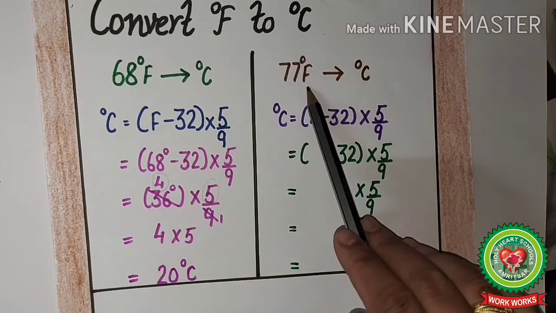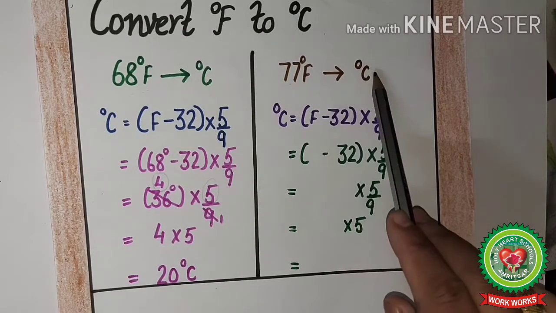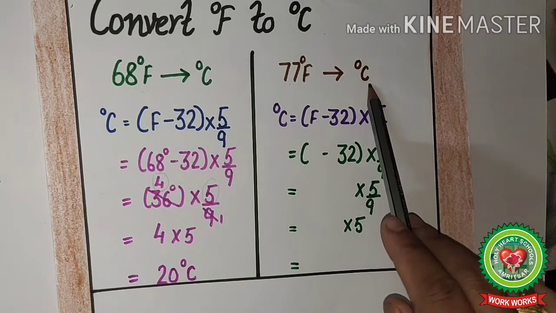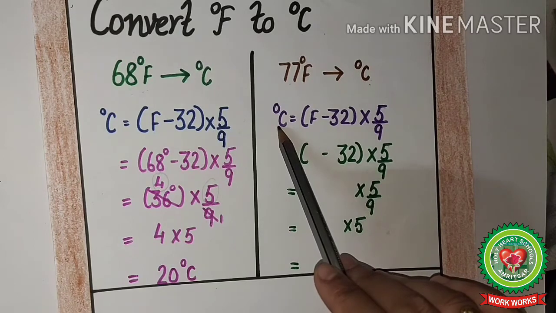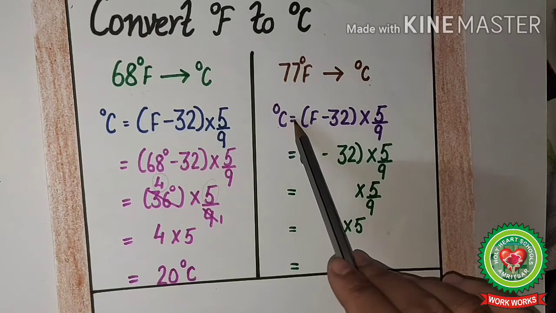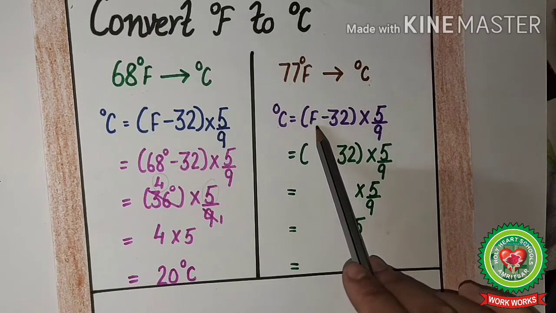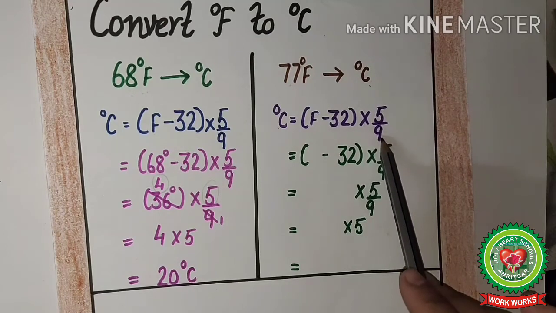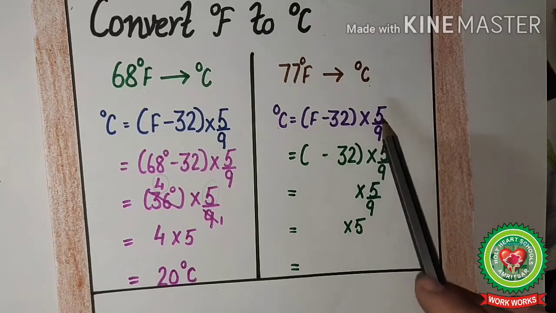77 degrees F convert into Celsius scale. So we apply the Celsius formula. First step is apply the Celsius formula. Celsius is equal to bracket start F minus 32 bracket close multiply 5 upon 9. Now what is F?